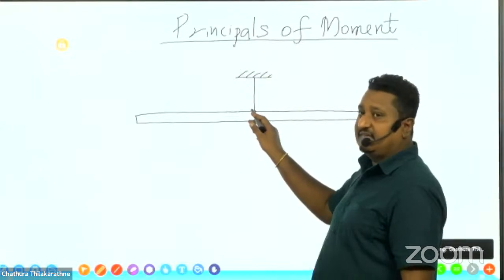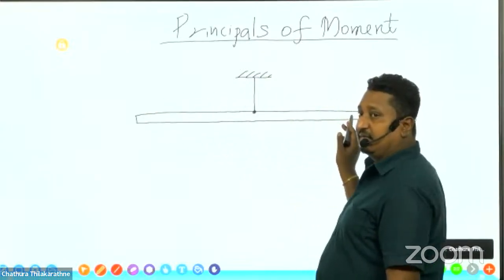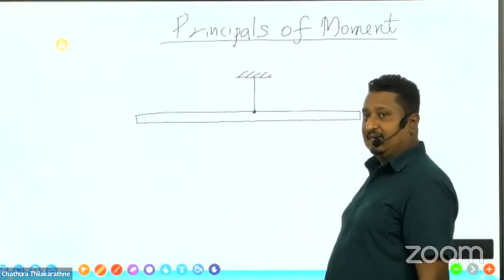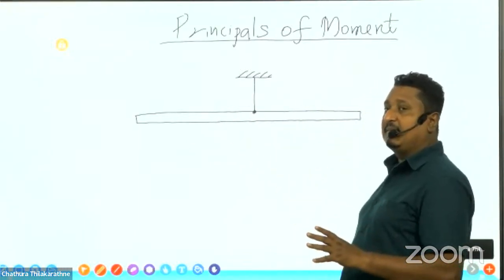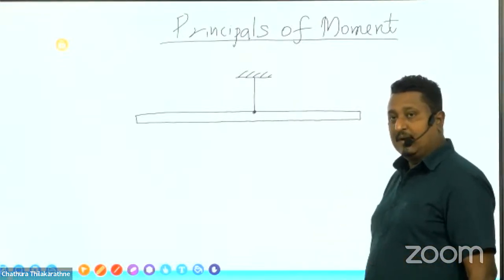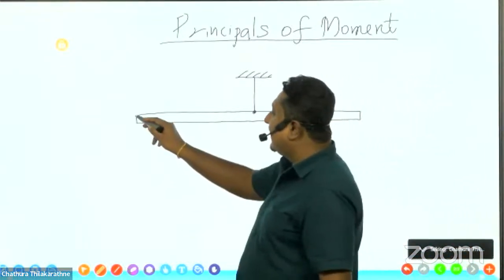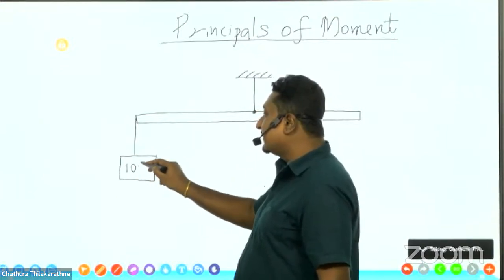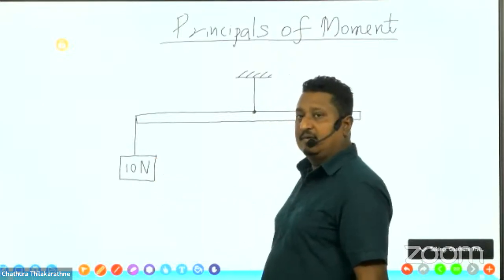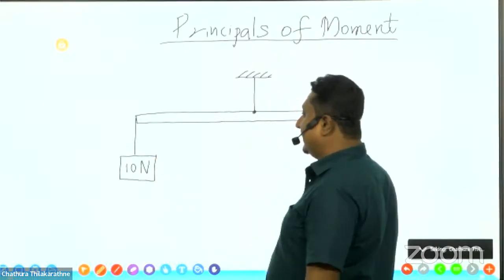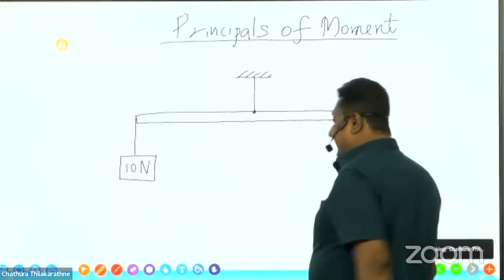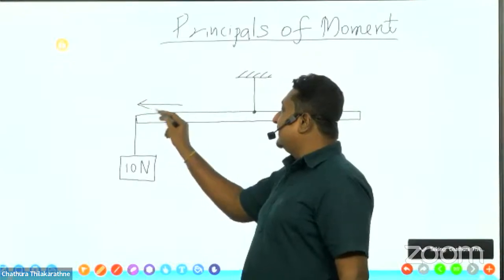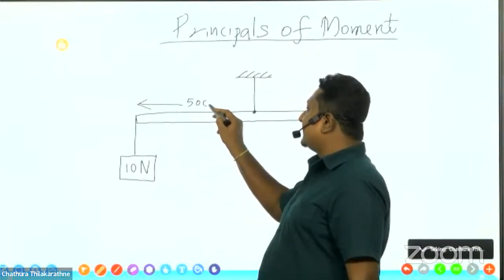From this axis to either side of the ruler is 50 centimeters each, since it is suspended by its middle. If I hang a weight of 10 newtons from one end, on my left hand side, 50 centimeters away from the axis.